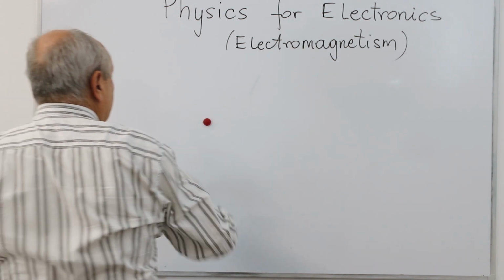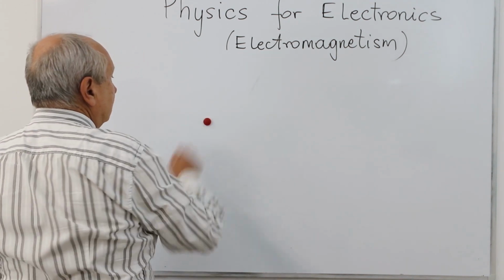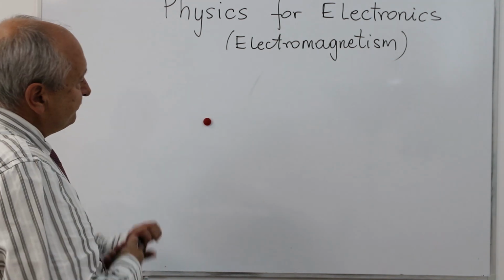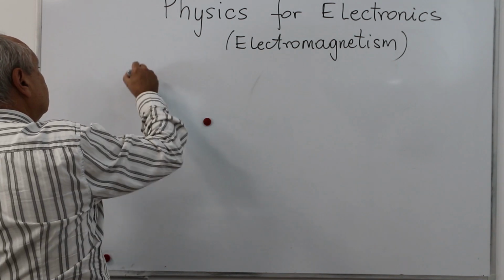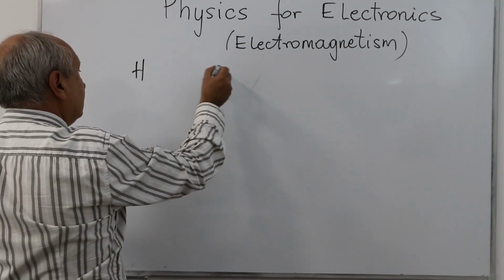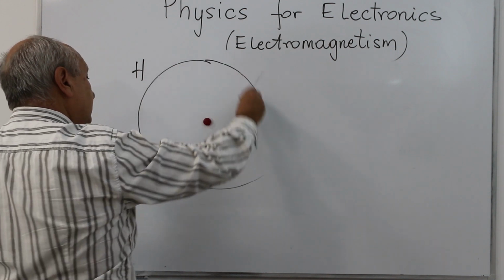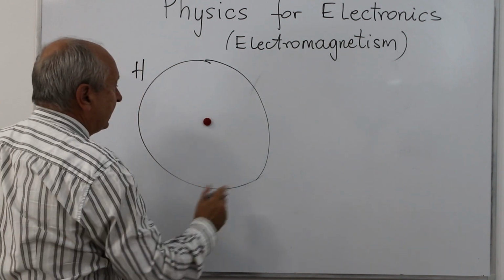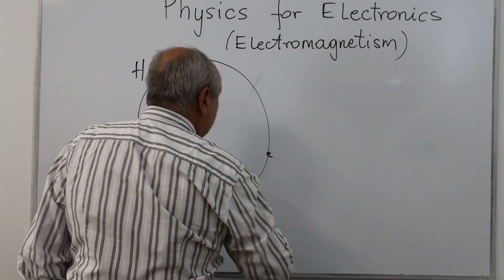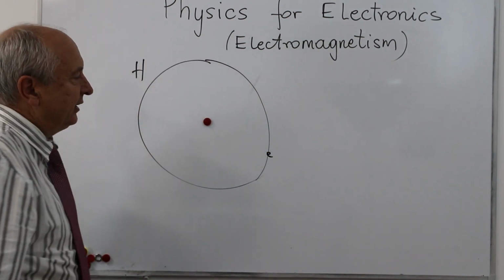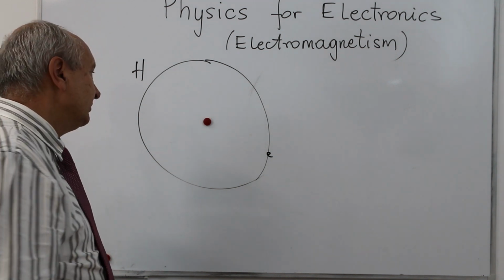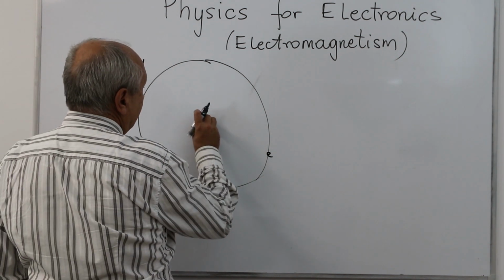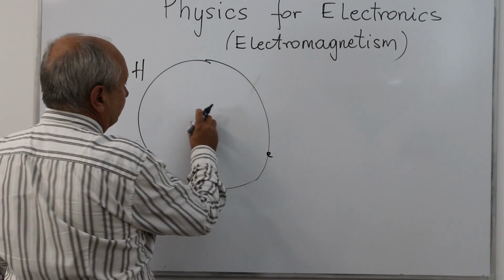This is the nucleus of the hydrogen, and here we have the orbit of electrons. In hydrogen we have only one electron, and the nucleus consists of a proton.